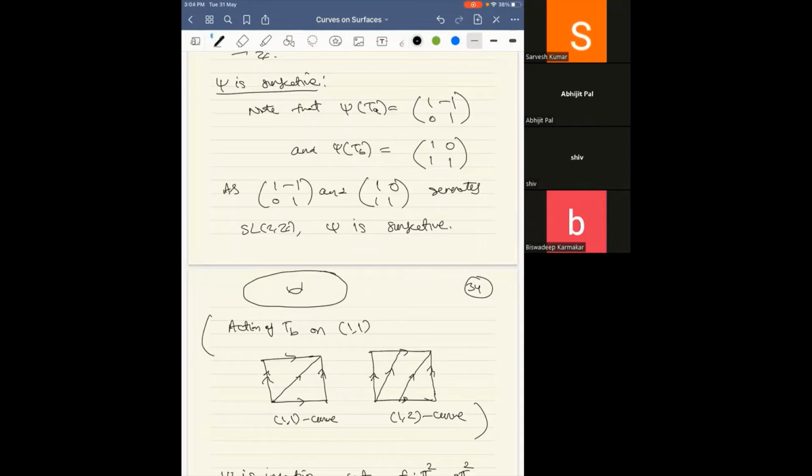Now let us see the other column. Let's see what T_B acting upon A is.